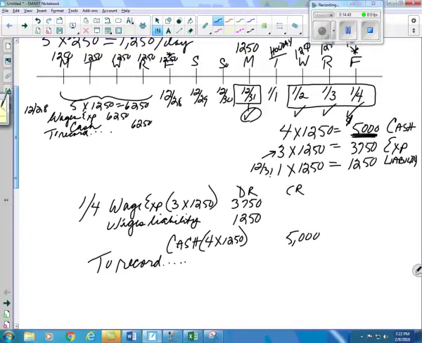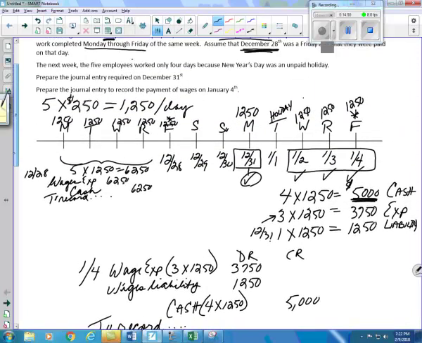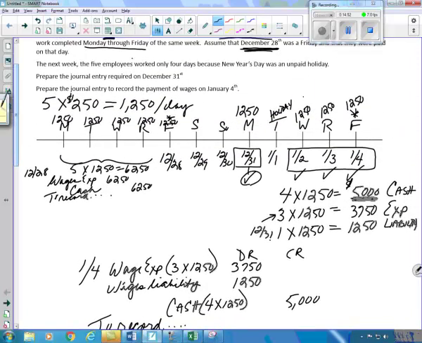Here we only had 1 day that we had to accrue for and record the expense for. But if our employees had also worked this day on 12/30 and 12/31 and hadn't been paid for it, then we would have 2 days we needed to accrue. So it's not always going to be 1 day, it's however many days your employees have worked and provided services for which they have not been paid.